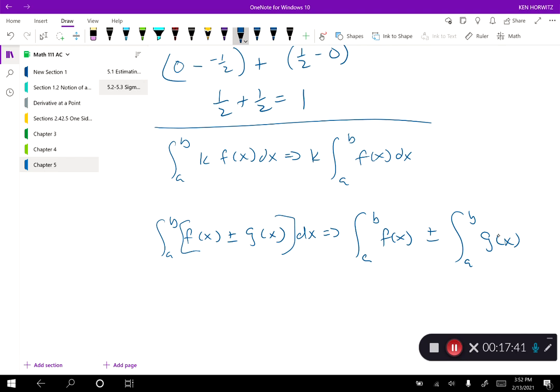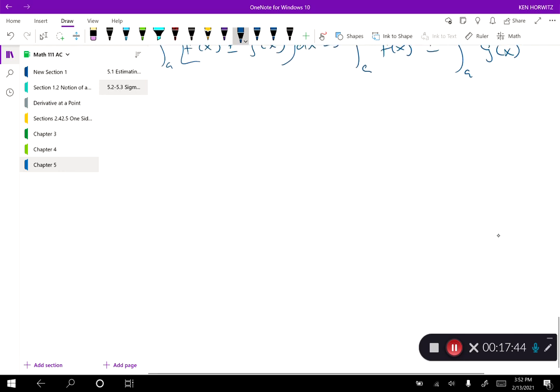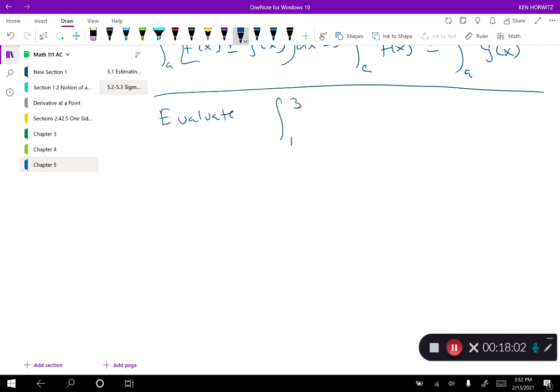All right, so I do have a quick example that we can go through. Now this, we don't use the fundamental theorem of calculus because again, that's the next section. So here's the way the example would look. Evaluate the integral from 1 to 3 of negative x squared plus 4x minus 3 dx using, now I'm going to give you some information.